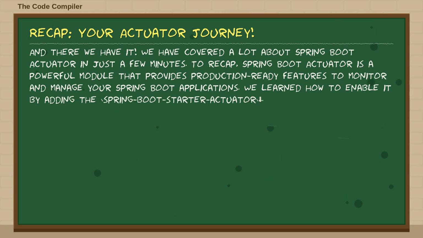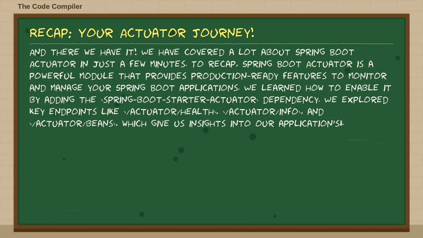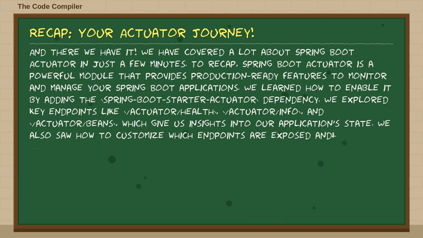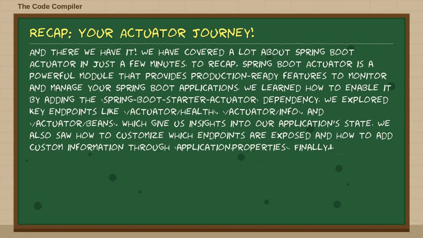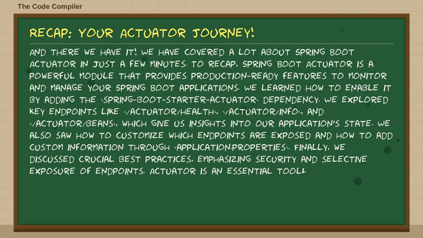We explored key endpoints like Actuator Health, Actuator Info, and Actuator Beans, which give us insights into our application's state. We also saw how to customize which endpoints are exposed and how to add custom information through application.properties. Finally, we discussed crucial best practices, emphasizing security and selective exposure of endpoints.